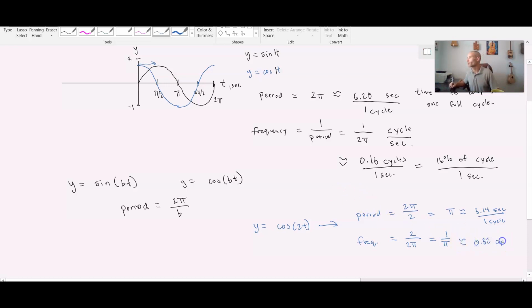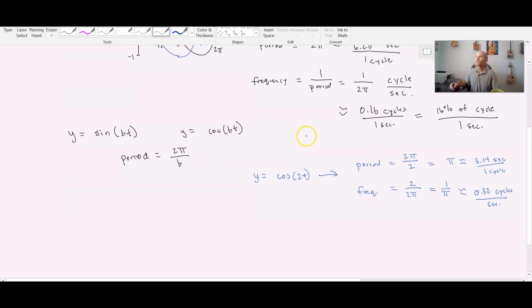Now the units are cycles per second, and you can see that we complete double the number of cycles every second. Here we complete 32% of a full cycle per second, whereas with the standard sine and cosine functions, we're completing only 16% of one full cycle.